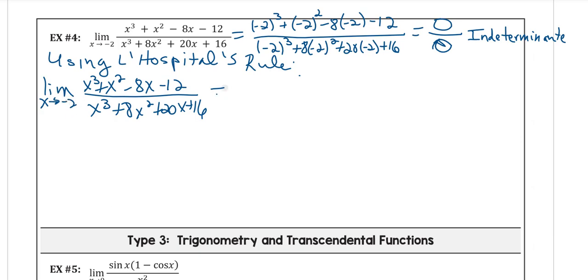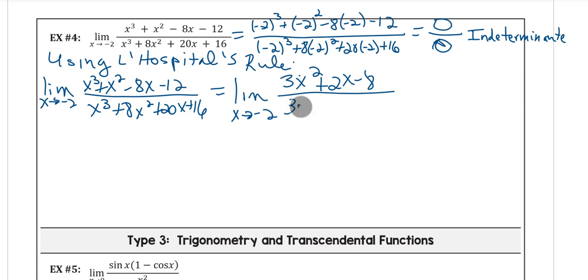This is going to equal the limit as x approaches negative 2 of the derivative. So let's take the derivative. So we get 3x squared plus 2x minus 8. And in the denominator, we get 3x squared plus 16x plus 20.